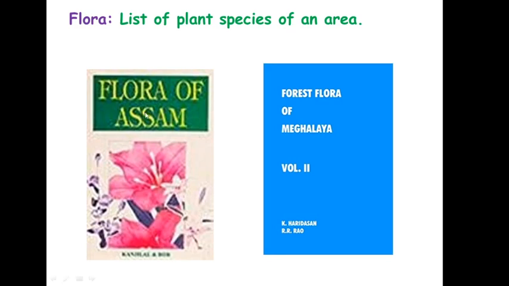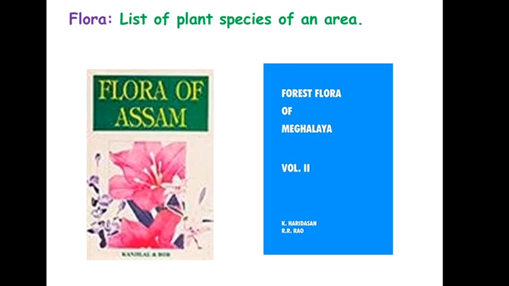Now I have kept the images of the books which are very famous here in northeastern India. Look at the first one, Flora of Assam. This is just like a Bible for anyone who wants to work on plants of Northeast India.